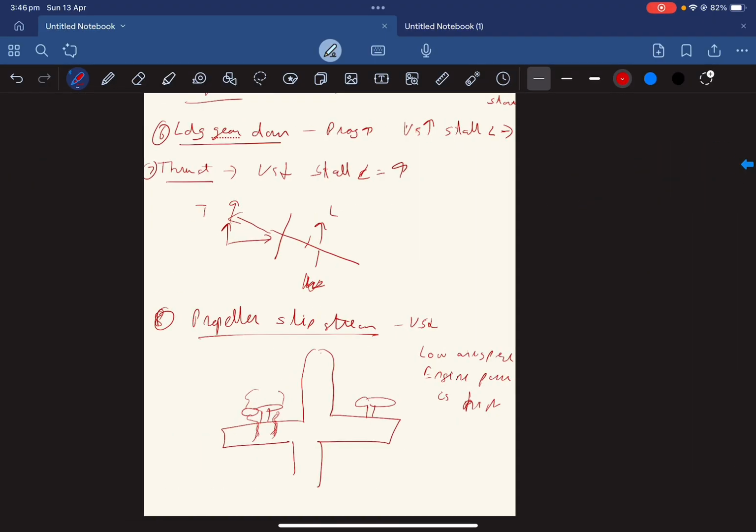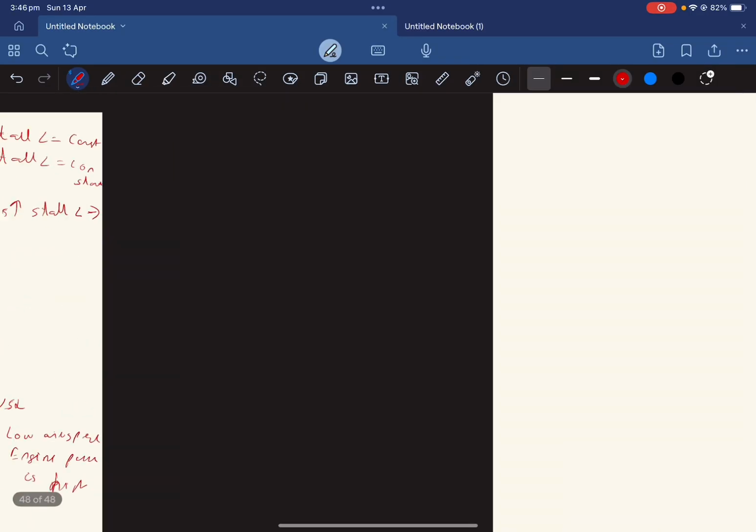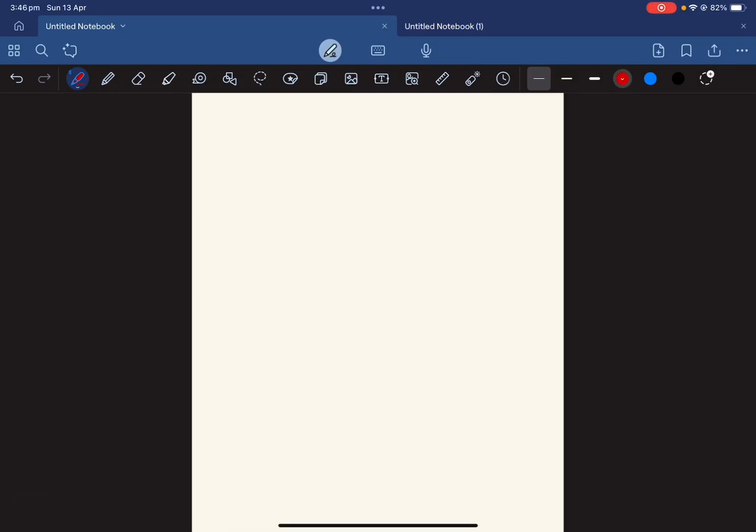So now let's talk about Mach number. When your aircraft is flying faster than Mach 0.4, the streamline pattern around the wing changes.